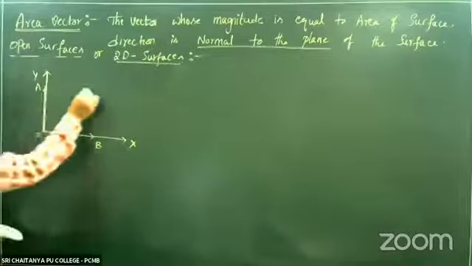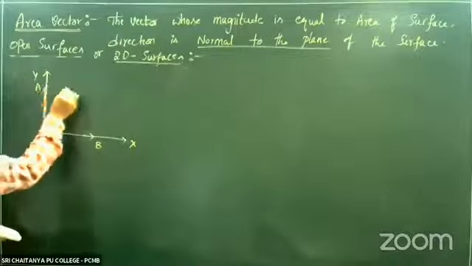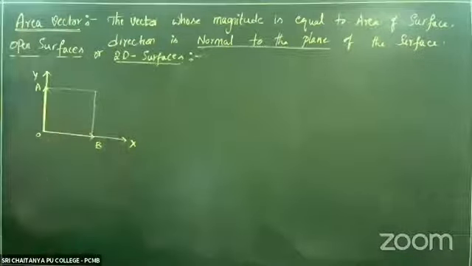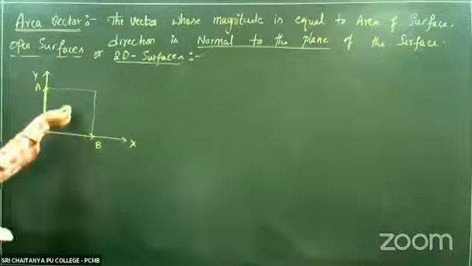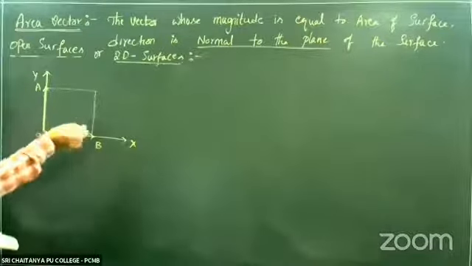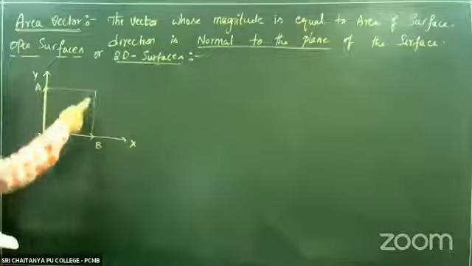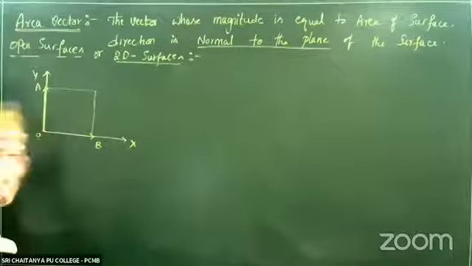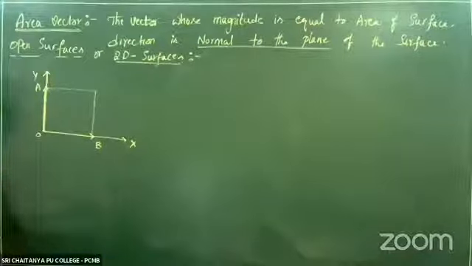What is the plane formed by these two vectors? What is the area vector of the plane formed by these two vectors?